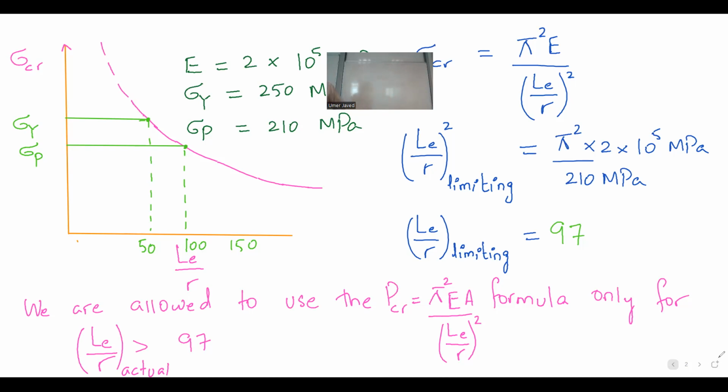If I don't give you the proportional limit value in an exam, just the yield stress value, then you are allowed to use the yield stress value in that sigma critical place. This was your question, right? Should I use proportional limit or yield there? Use yield if I only give you yield. Don't worry, because practically the proportional stress value and yield stress value are very close to each other, so it will not create a world of difference.